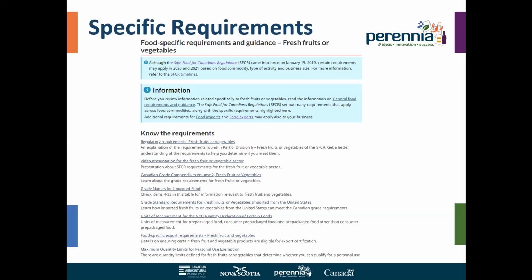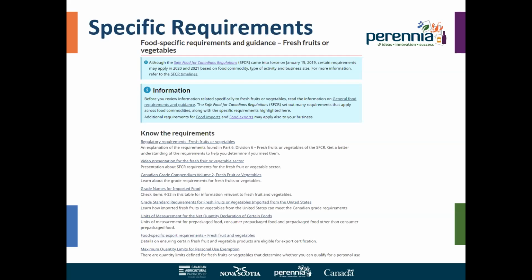There are specific requirements, and this one here is for fresh fruit and vegetables. Some of the things they have on there are regulatory requirements for fresh fruit and vegetables, and a video presentation for the fresh fruit and vegetable sector.